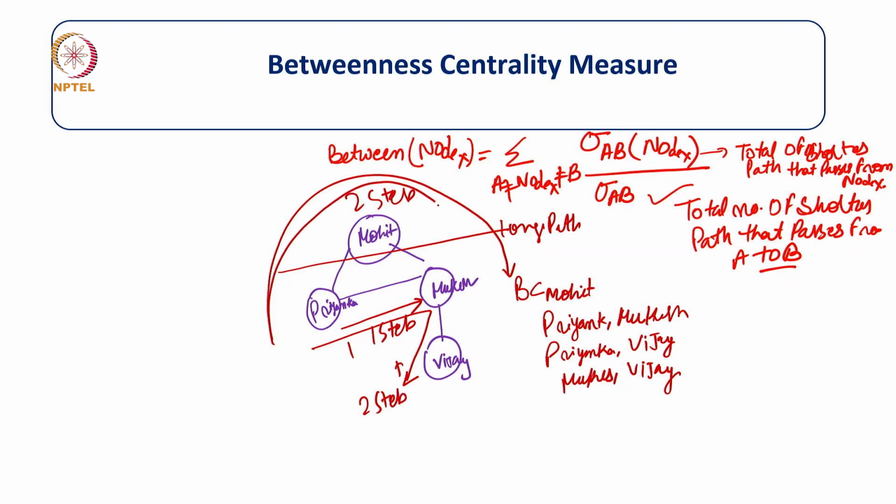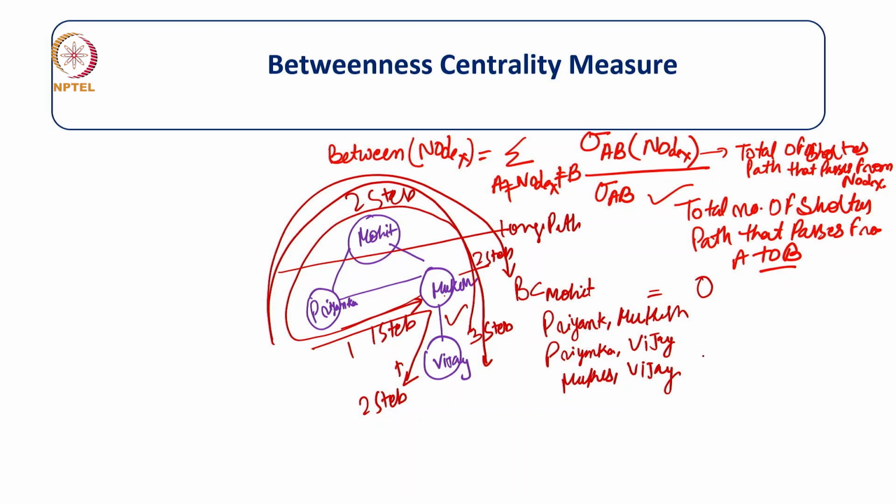If we go the other way, Priyanka already has to move two steps here, so for this it will be three steps. So Priyanka to Vijay is via Mukesh. Another path is between Mukesh and Vijay, and this is the only shortest way. Mukesh can also come via Priyanka, then Mohit, and then Vijay, but that will be a longer way. None of these shortest paths passes through Mohit. So the betweenness centrality measure of Mohit is 0.